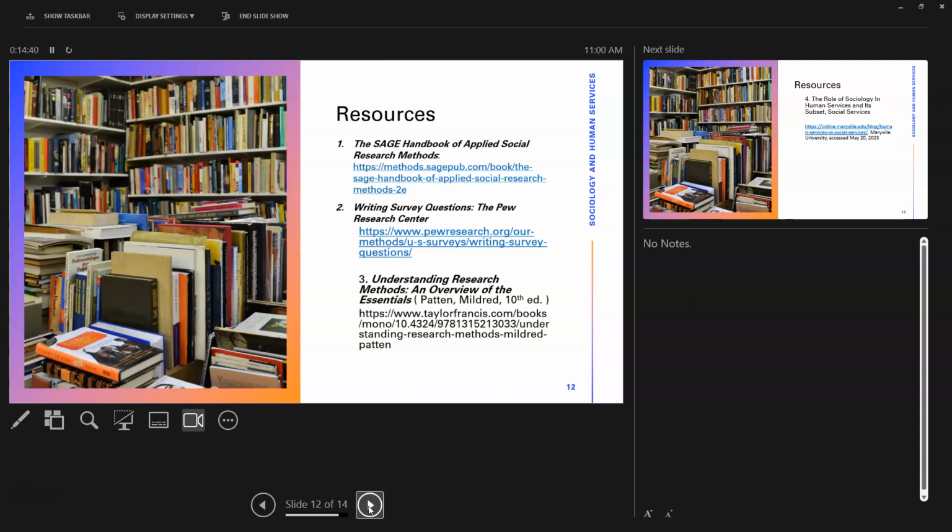The following are a list of resources that I have provided that I think are extremely useful in terms of applied social research methods, what it means to write a meaningful survey question, both in terms of interview and large-scale surveys, and a great and inexpensive and very popular methods book on understanding research methods.